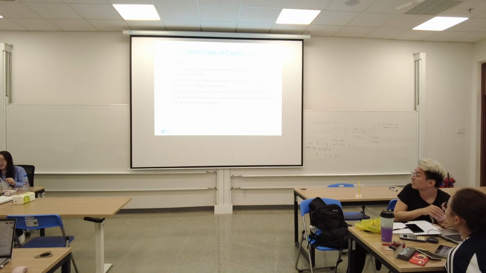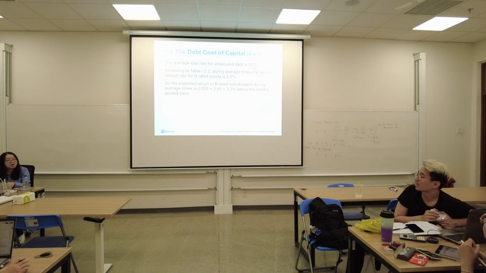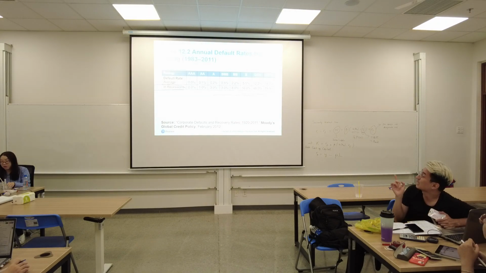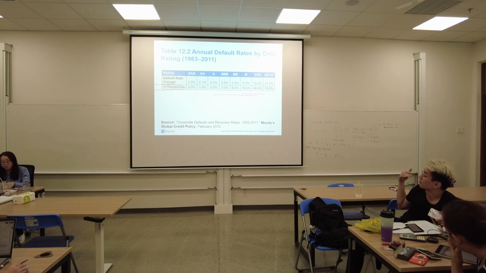Okay, can I ask, is it just 1 year? What kind of duration? Because I remember seeing another table with different periods, like default rate for 1 year, default rate for 2 years, for different types of things.